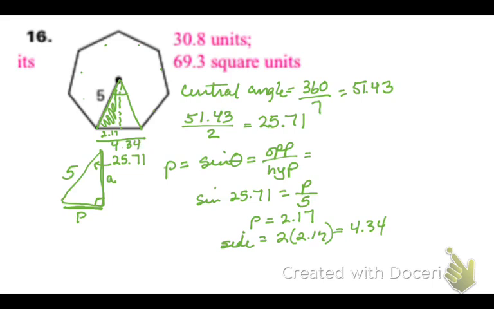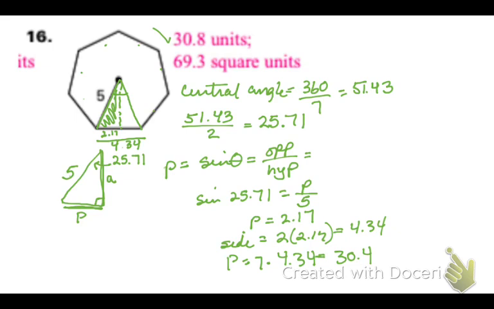And we have 7 sides, so our perimeter P is equal to 7 times 4.34, which is 30.4, and this is what they got, 30.8, and so that's all fine.